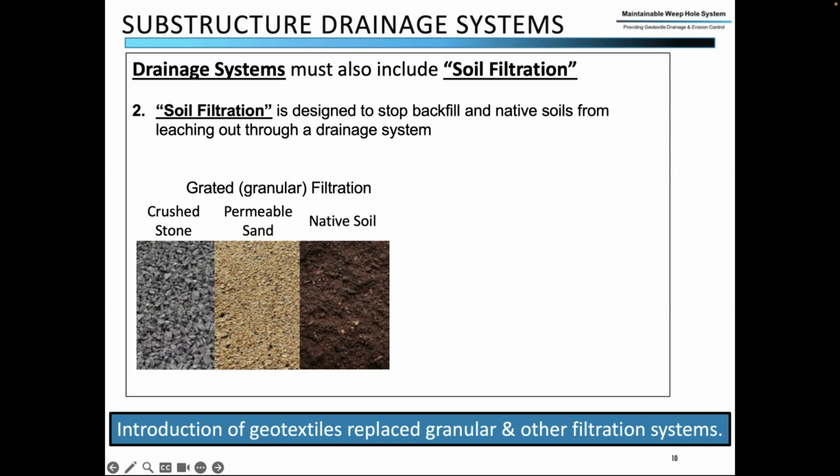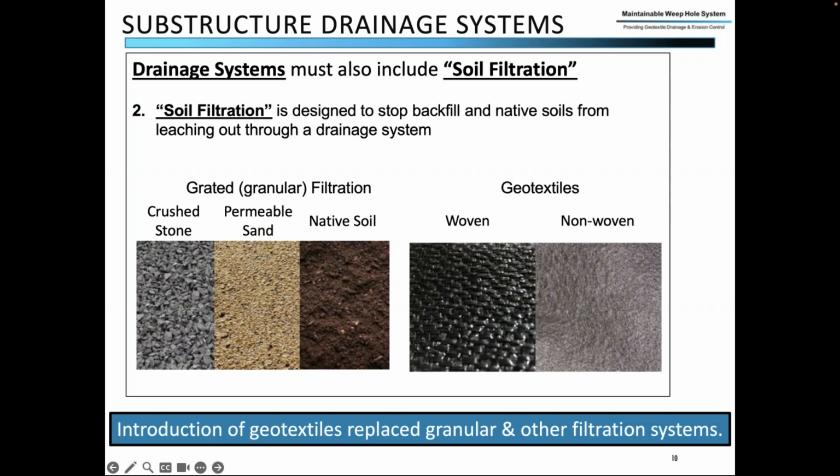They may have used some burlap or some bags of sand behind the wall to stop the soils and backfill from passing out. Then geotextiles came along, kind of changed the whole game. And geotextiles were then used for the soil filtration of the drainage system.